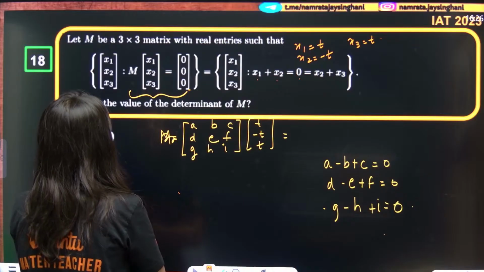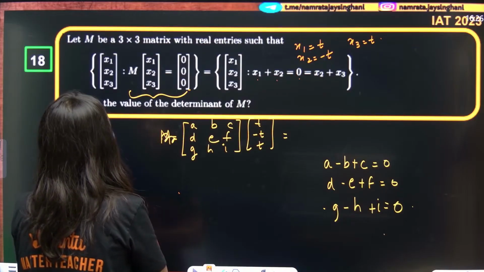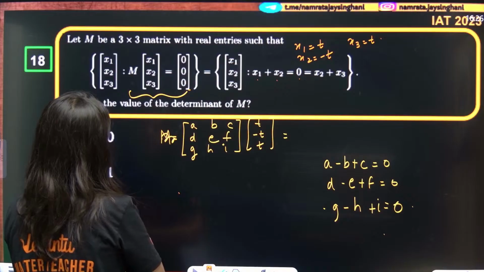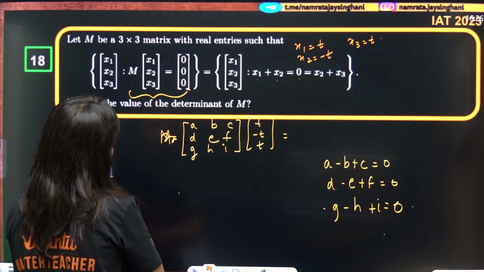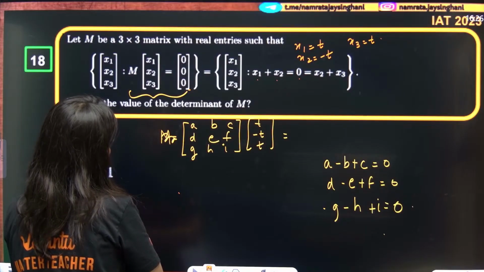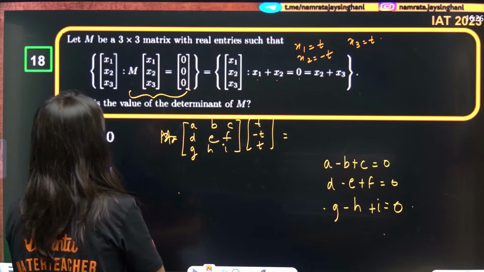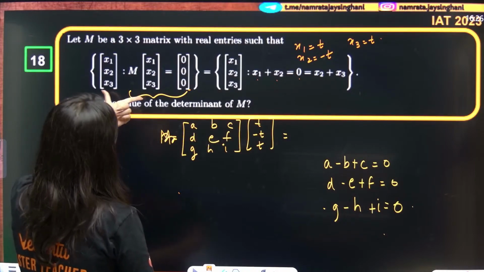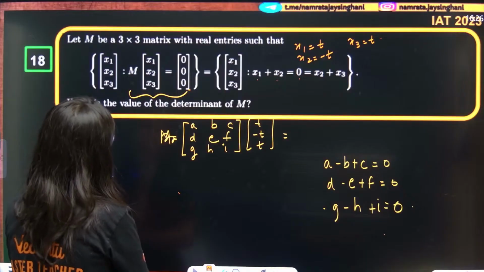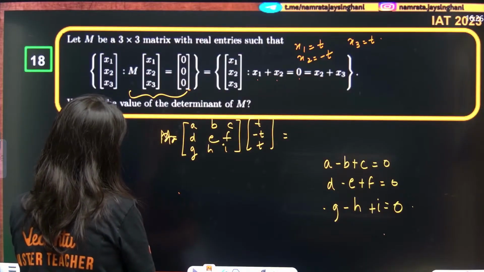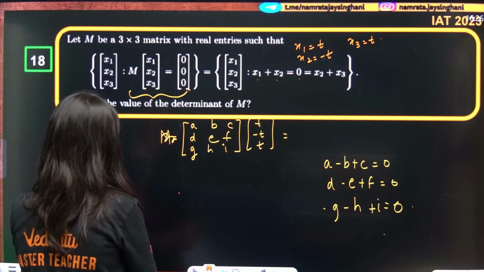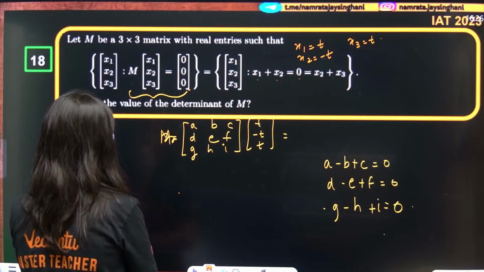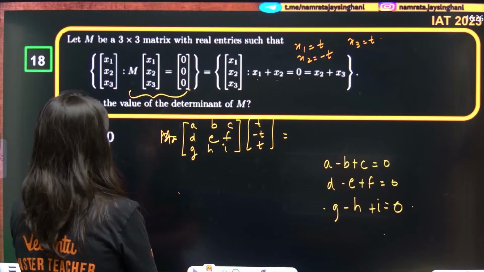With real entries such that M into x1, x2, x3 is 0, 0, 0. Value of determinant M. Okay.